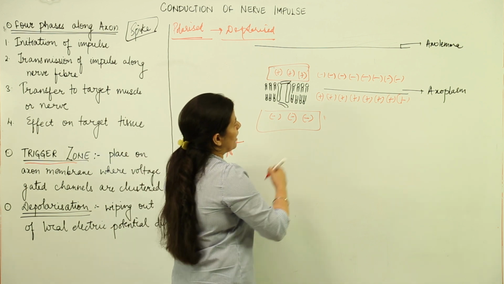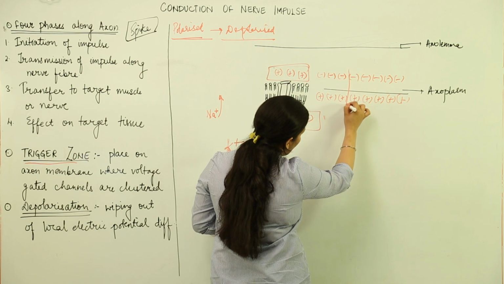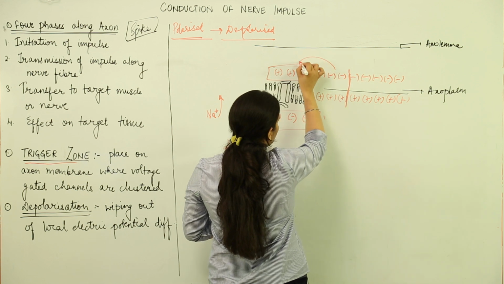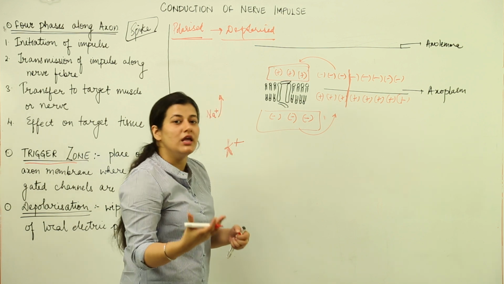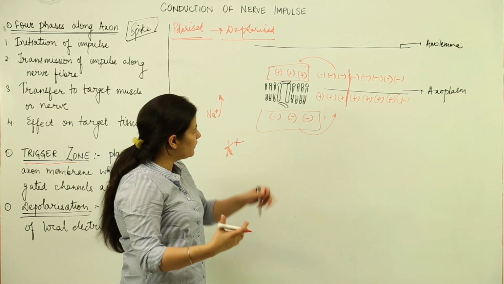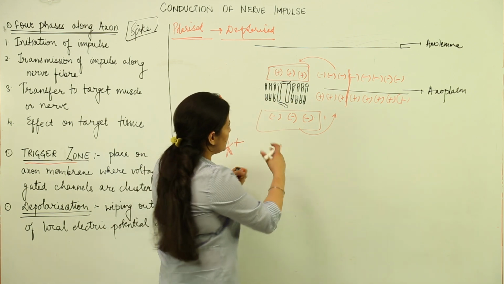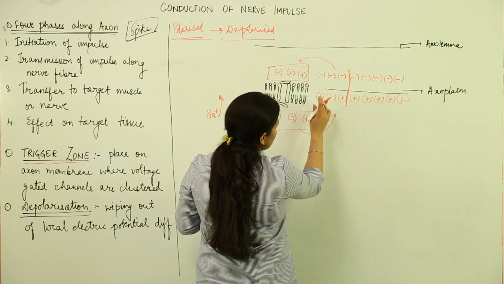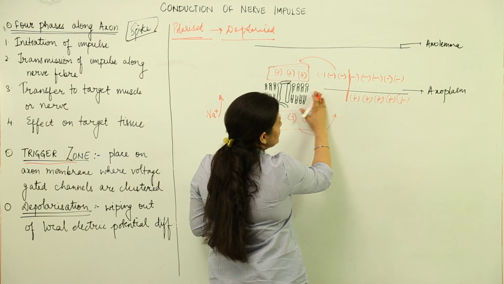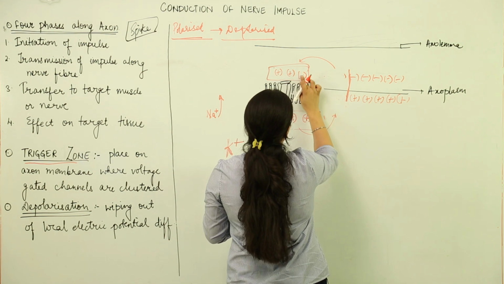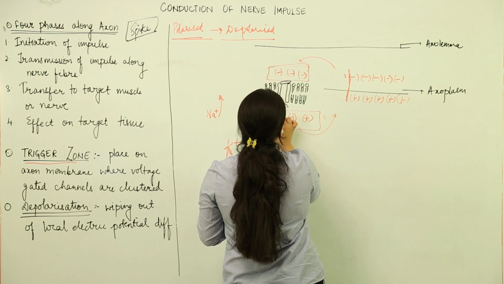In the meantime, because this is in close vicinity, the closer area tries to pass on the charge like this. You know how charge flows: electrons move from the negative end to the positive end. Same thing happens. When the potassium moves out, they try to restore the polarity, this would become positive, and the voltage gated channels take the trigger from here and take up the same pattern, that is, the flow of polarity would take place.